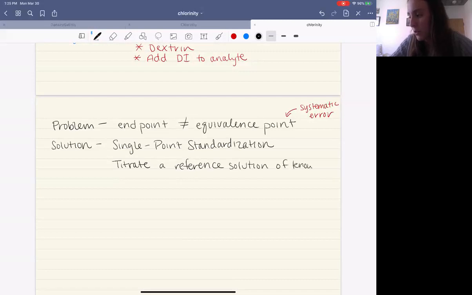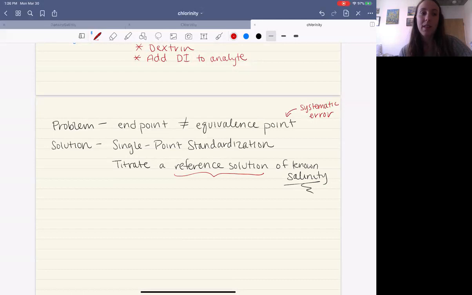And this reference solution is going to have known salinity. Okay, this reference solution, so Scripps, they developed this very special reference solution that's used across the world for people analyzing anything related to the ocean.